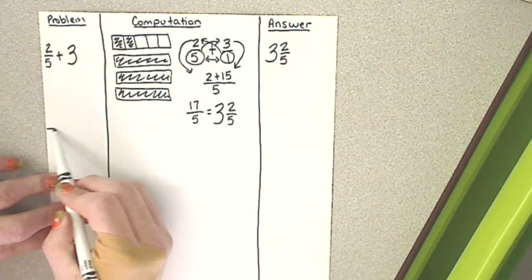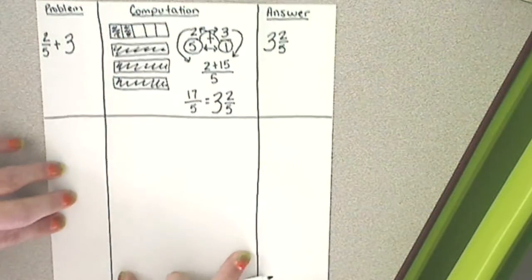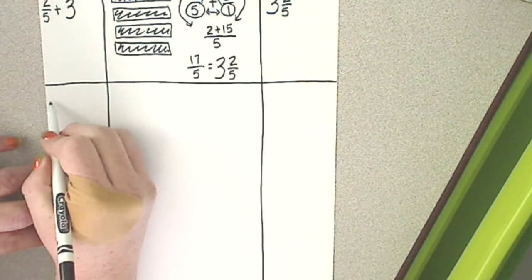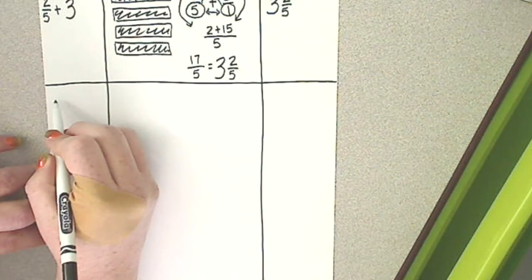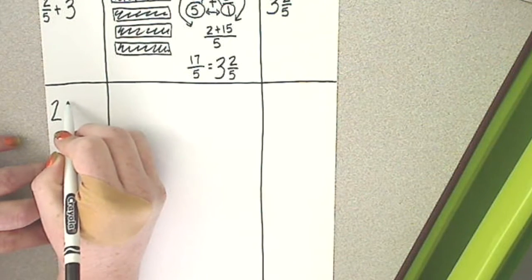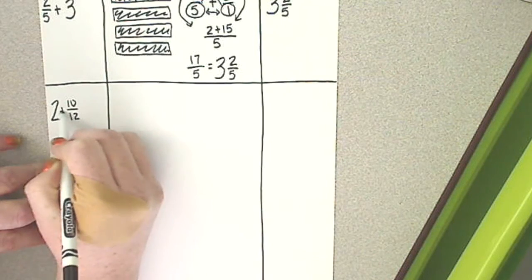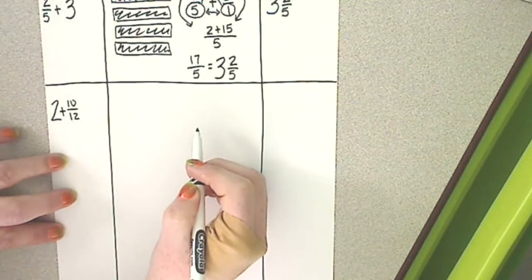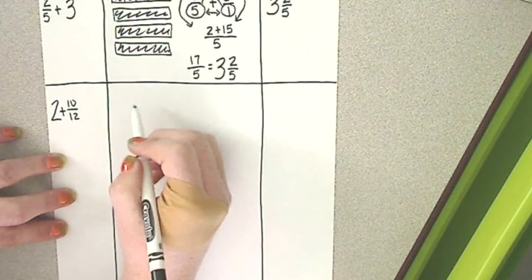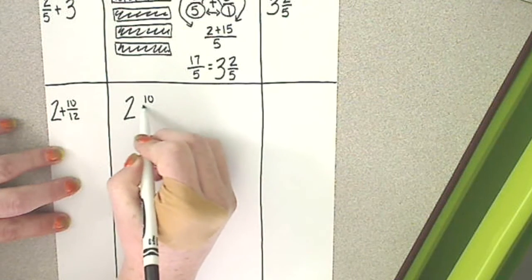So let's take a look at an example that's going to require you to reduce the piece that's added to it. Let's think, I have 2 and 10/12 that I'm adding together. Now, if we take a look at the first way that we did this, we know that that's simply going to be 2 and 10/12.